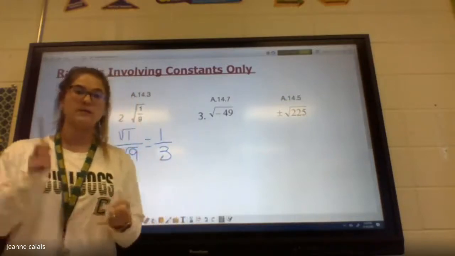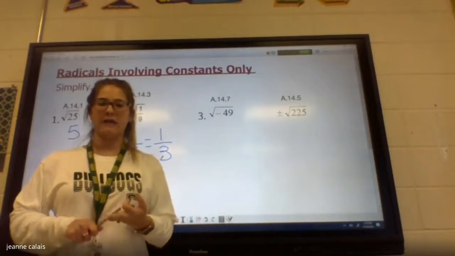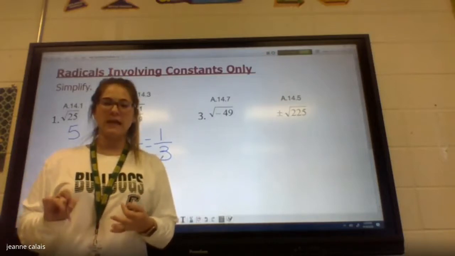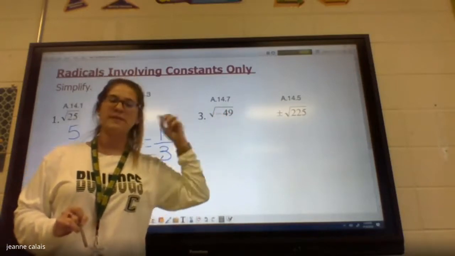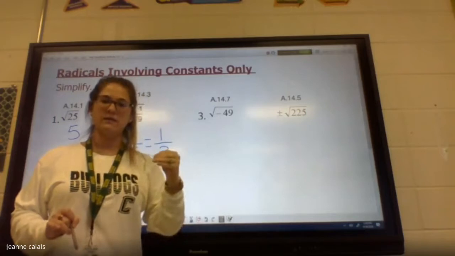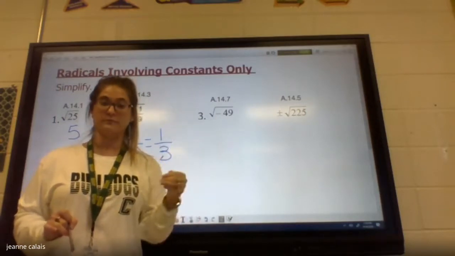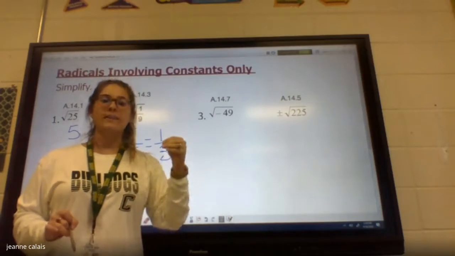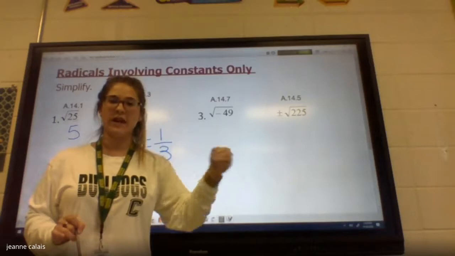They know positive times positive equals positive. Negative times negative equals negative. Where they mess up is they think the answer is negative 7. That's what they'll say. But think about that. Negative 7 times negative 7 is a positive 49. Positive 7 times negative 7 gives you a negative 49.